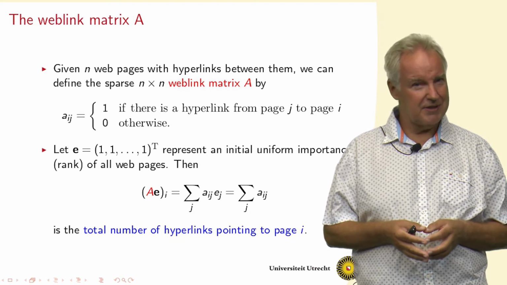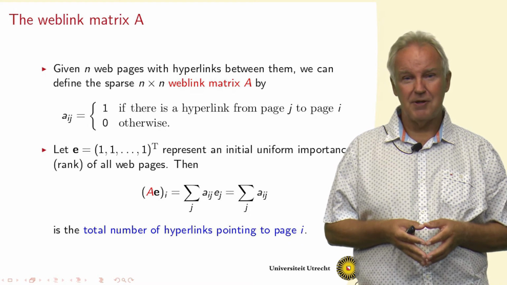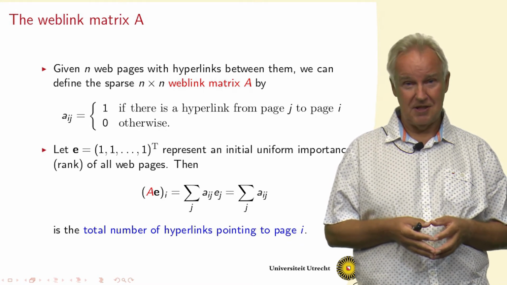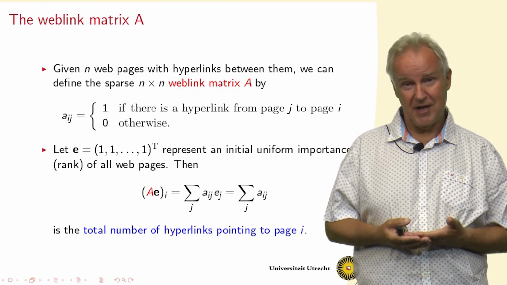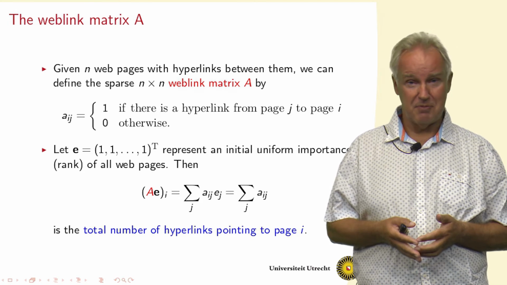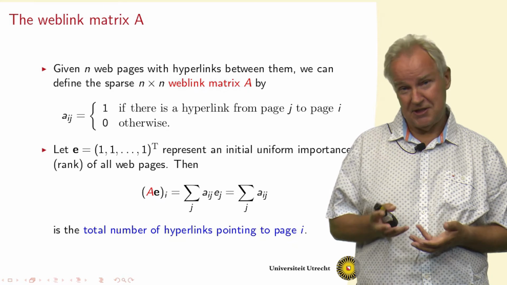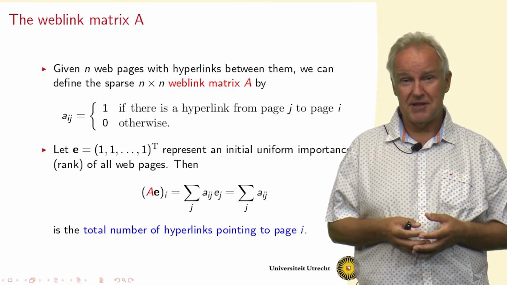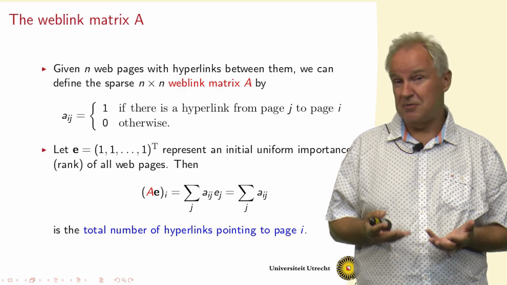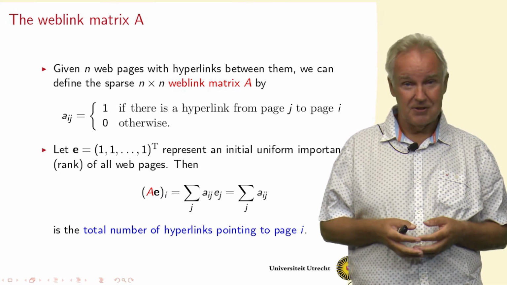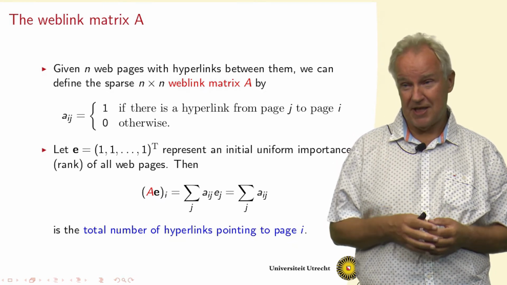Now we can define a vector of all ones, call it e, and look at what A times e is. By the definition, by linear algebra, the ith component of Ae is just the sum over all j of aij ej, but these e's are all 1. So this is the sum over j of aij, which is, by the definition of A, just the total number of pages pointing to page i.